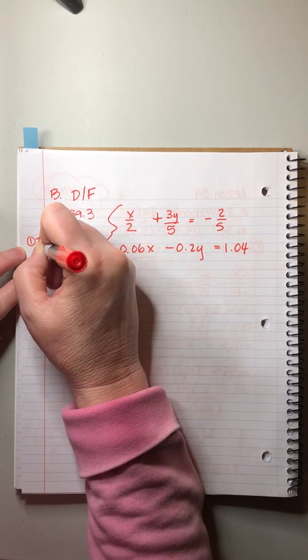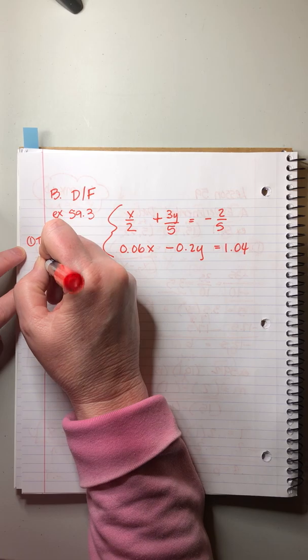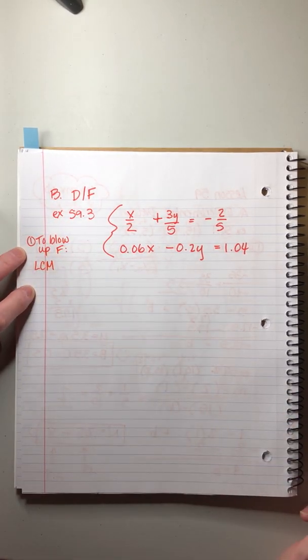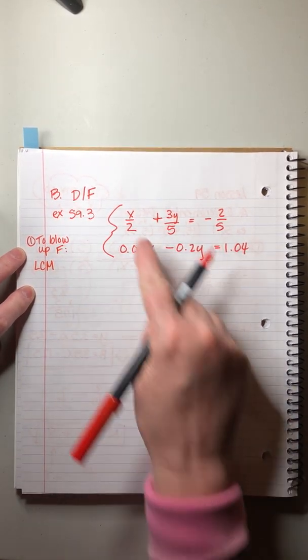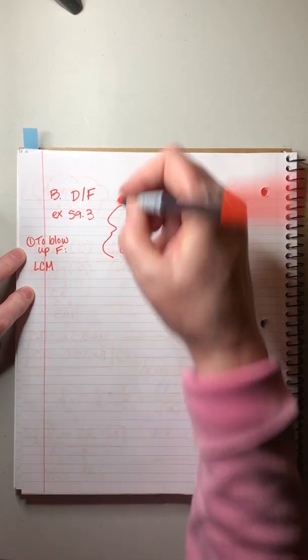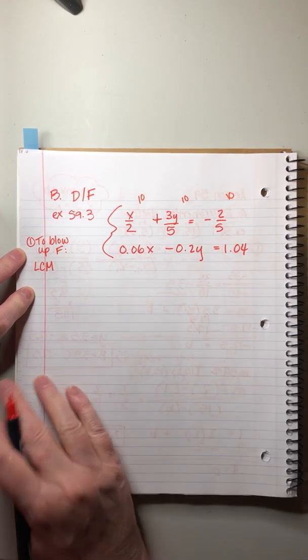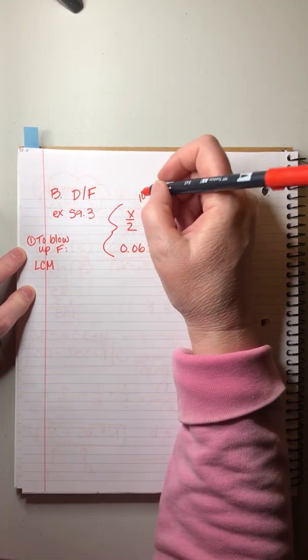To blow up fractions, we use a least common multiple. We multiply everything by the least common multiple. So we can quickly calculate it: 2, 5, and 5. That would be 10. We multiply everything by the LCM, and then we can cancel, right?